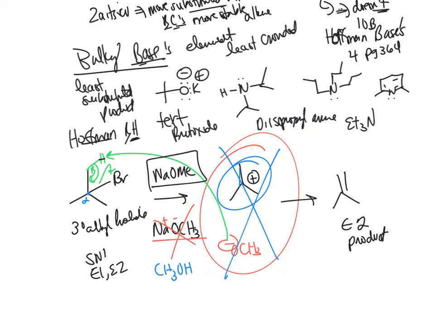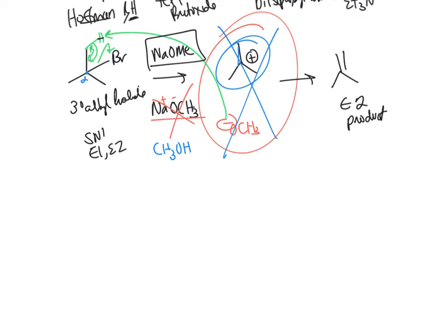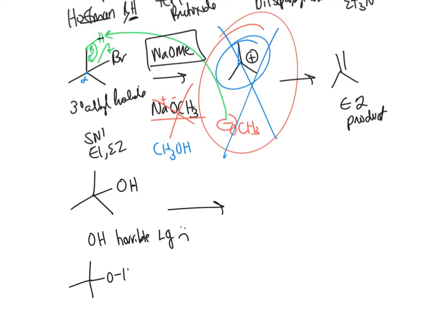Now a compound example of a reaction that will only go E1. Okay, so you got something like this. OH, horrible leaving group. Okay, it's not going to leave. In fact, if you want to make it into a good leaving group, this is one where you have to use a base, pyridine.